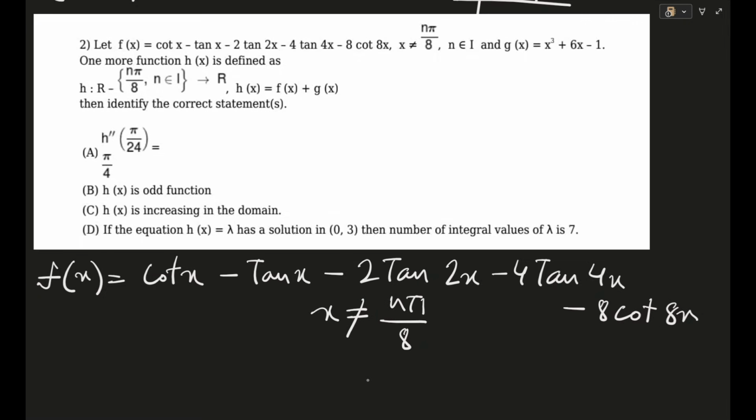So from here, I would like to improvise on one thing that I guess many of you should remember. If people from class 11th are watching, this will be very beneficial when you learn integrals in class 12th. There's a formula: cot x minus tan x is equal to 2 cot 2x.